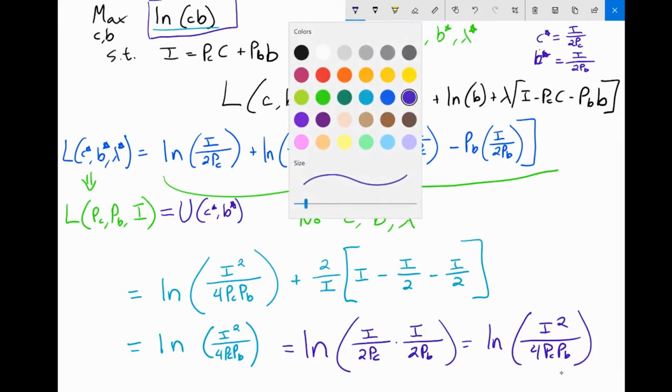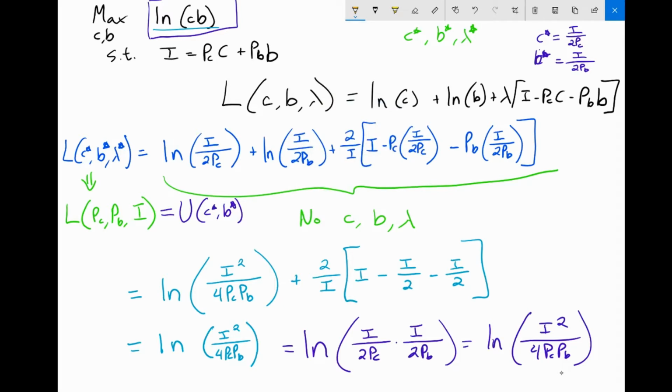But just to reiterate, I'll rewrite it: if you plug the optimal values back into the Lagrange function, that's going to give you the exact same thing as you plug them back into just the utility function.